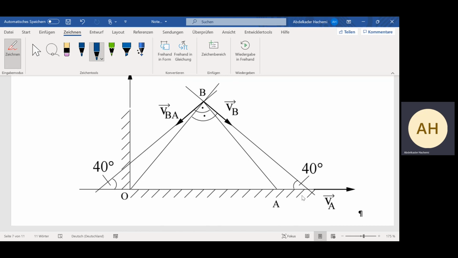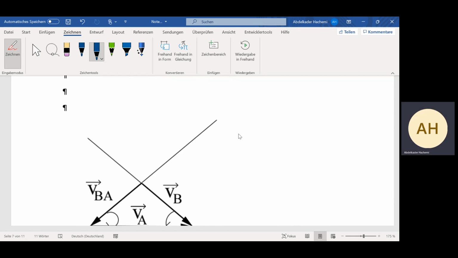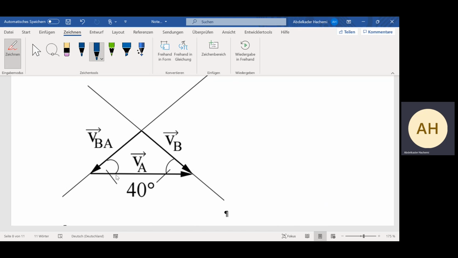In our case, we have one magnitude and two lines of direction. VA is the magnitude given, and we have the line direction of VB and the line direction of VBA. Then we can measure this distance here and this distance here, and we get the value of VB as well as VBA.